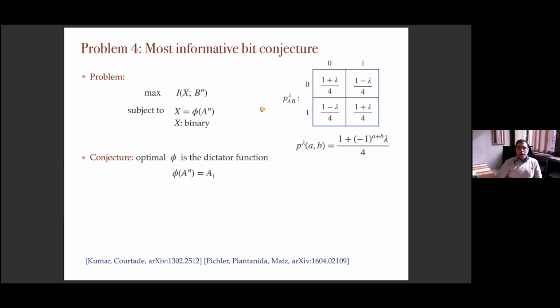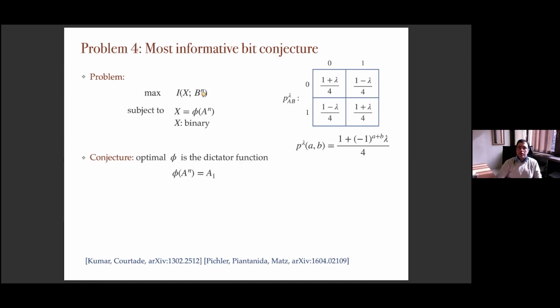Again, as you see, n is arbitrarily large. The point is that if I choose phi to be this dictator function, this maximum would be independent of n, because it would just be the mutual information between a single copy A1 and B1, because for the dictator function, X would be independent of the other copies.